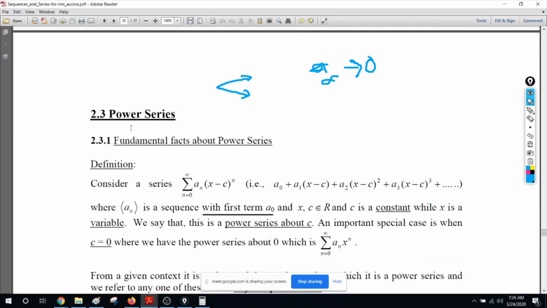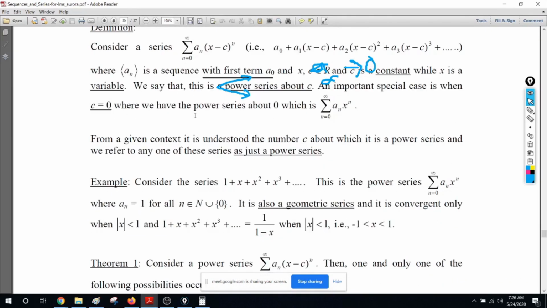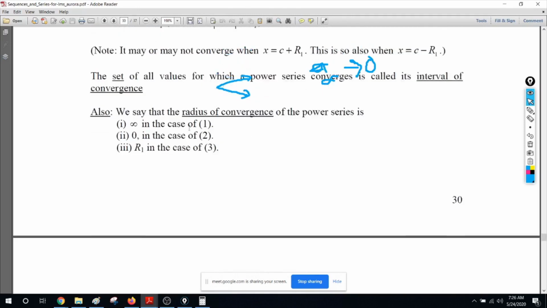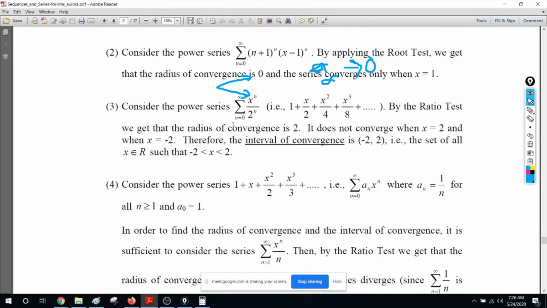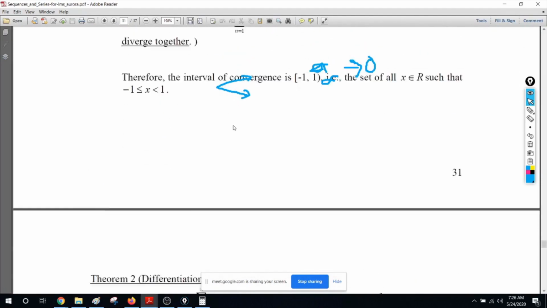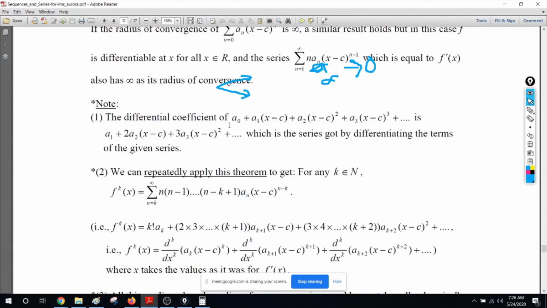Right, you can see power series, right? So that is what we need. You can see they have introduced it in a very complex way, but what we need is a very general understanding only, right? Very general understanding only.